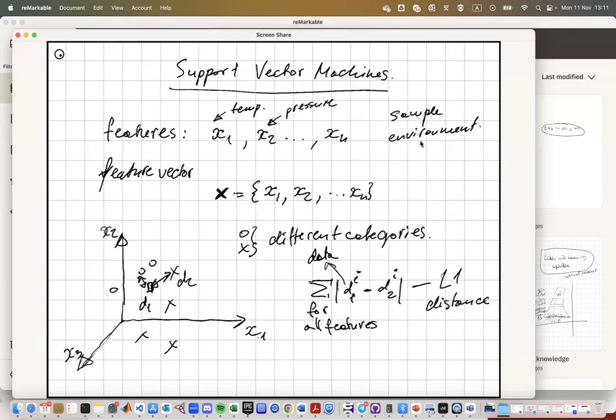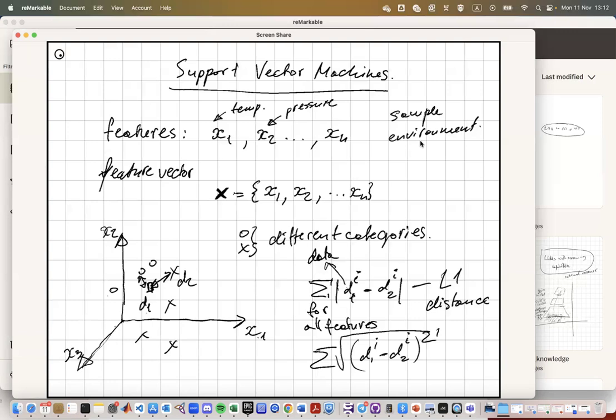There are other alternatives, obviously. What you can think about is to take the sum of D1 i minus D2 i, squared, and the square root of it.